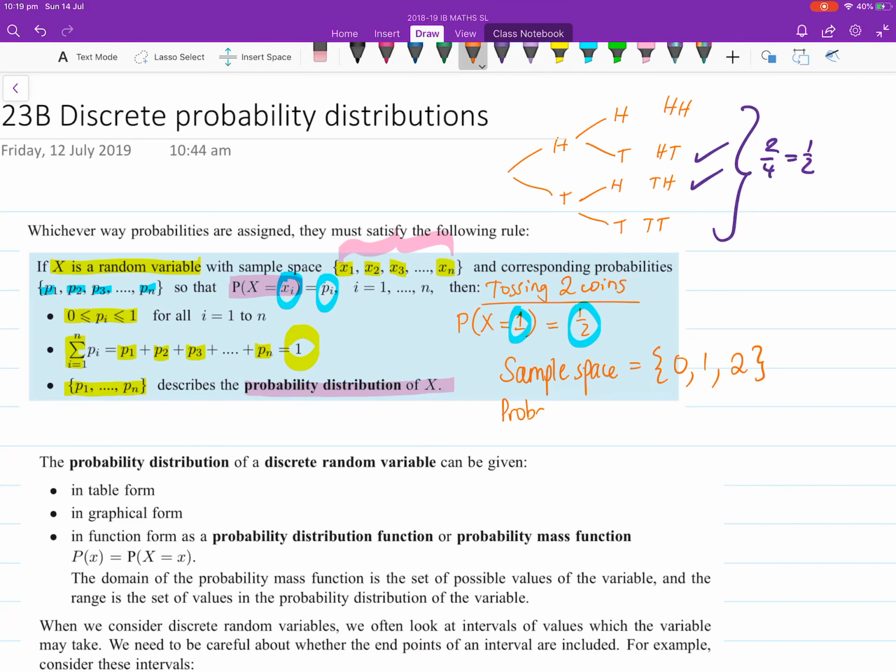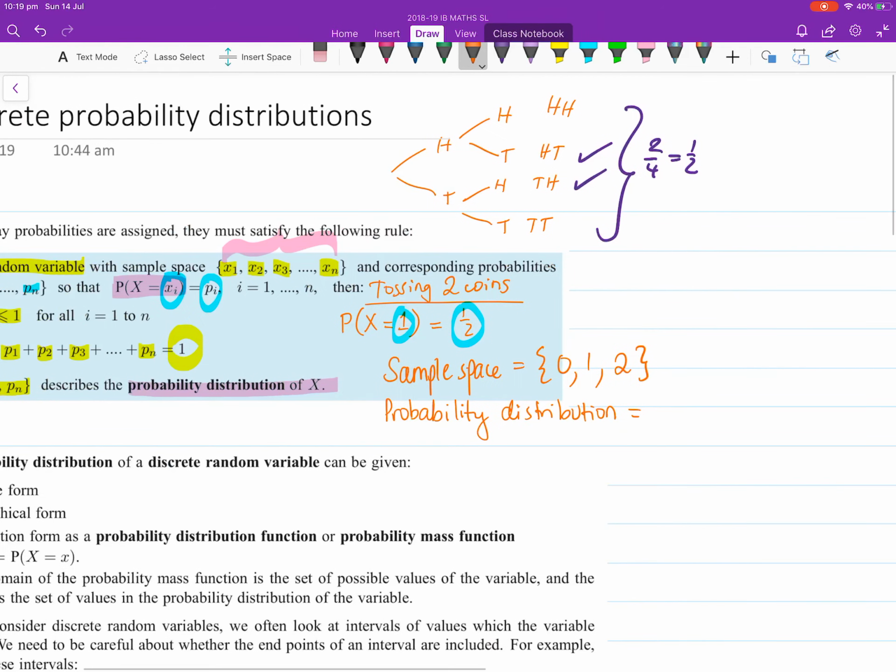Yeah, I guess just probability distribution. Probability. Okay, so what goes with 0? A quarter, right? A quarter of the time you'll get 0 heads, which is up here, right? A quarter of the time, 1 out of 4, you get 0 heads, which is tails-tails.